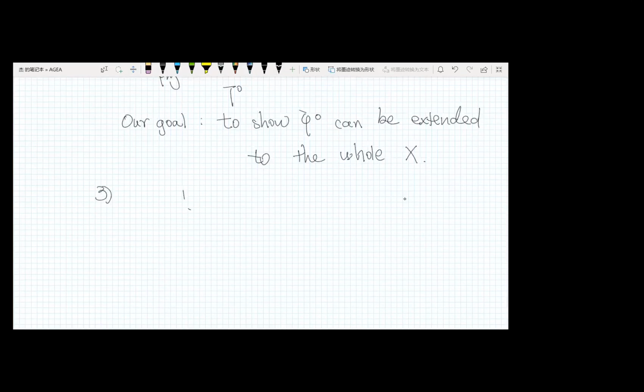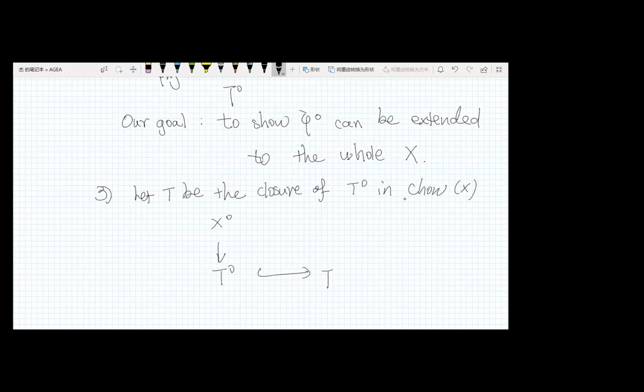Let T be the closure of T0 in the Chow variety of X. So you have such a diagram, and it's T, and you take the universal family here, U, the universal family.